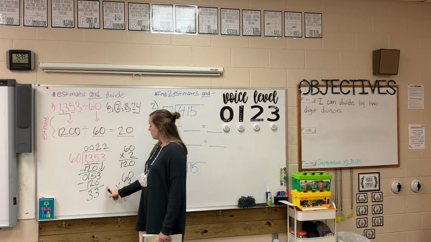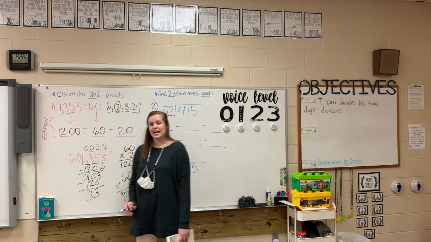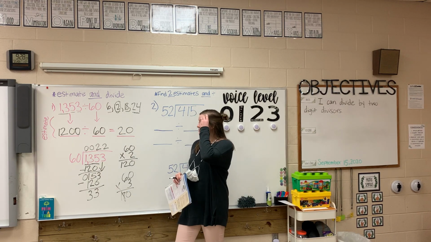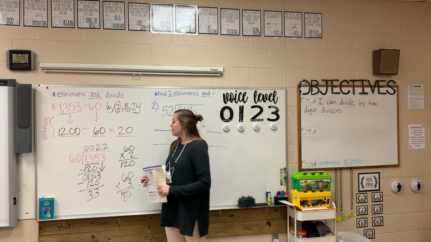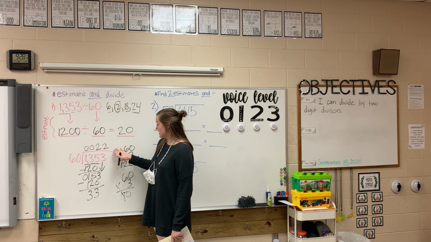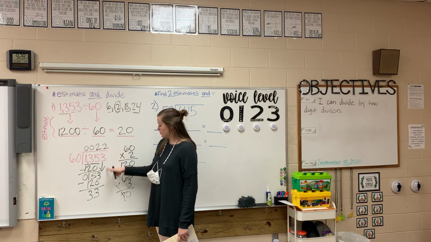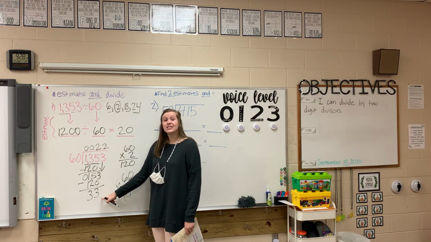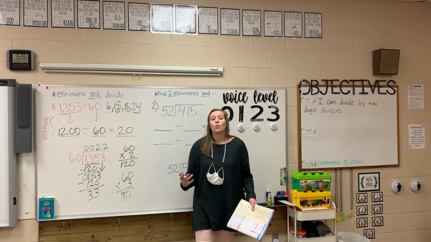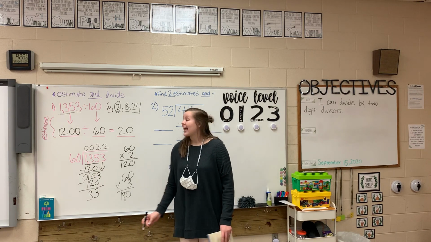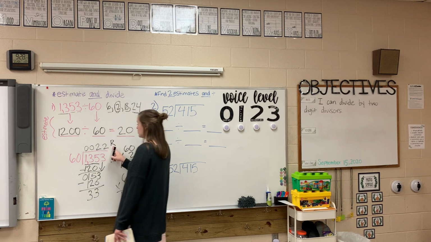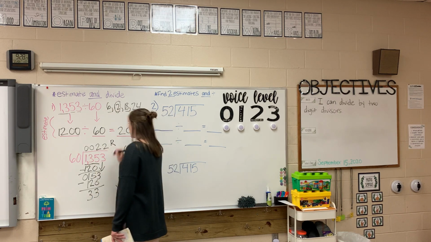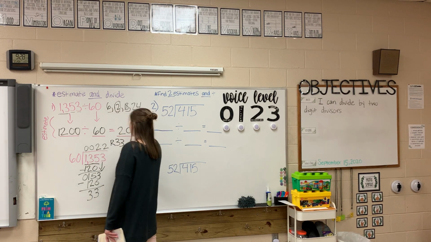Well, I don't have any numbers left to bring down, and I know if you're face-to-face, we talked about this some. I'm not sure if we've talked about it virtually yet or not, but if I'm out of places and I'm out of numbers to bring down, this is called my remainder. It's what is left over. And the way that I write that is I just put an R to represent remainder, and I put my 33.